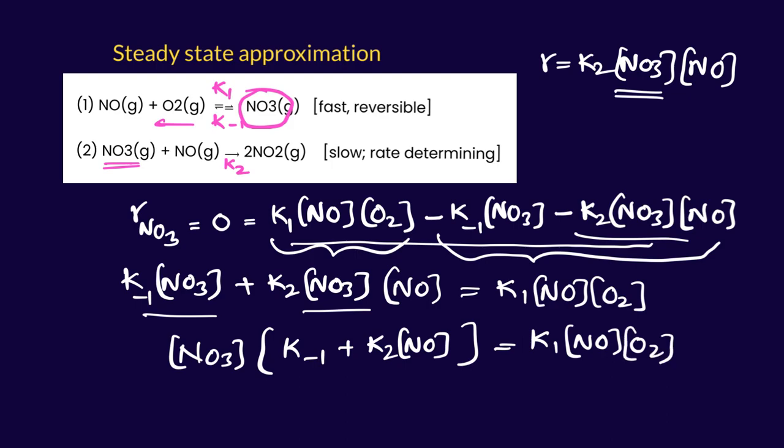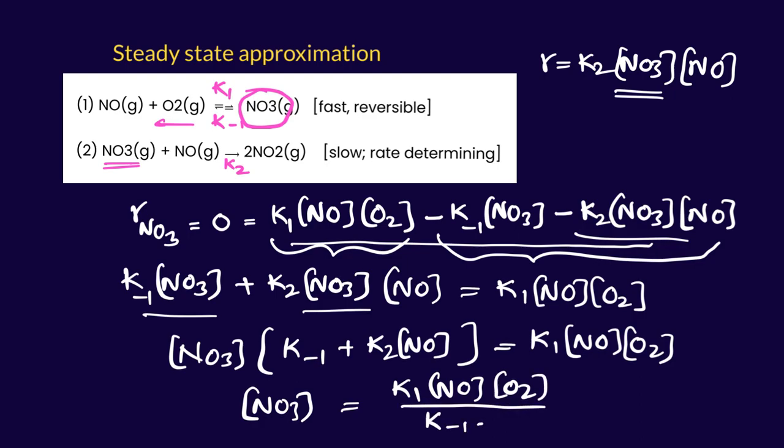So NO3 concentration is equal to K1 NO concentration O2 concentration divided by K minus 1 plus K2 NO concentration.